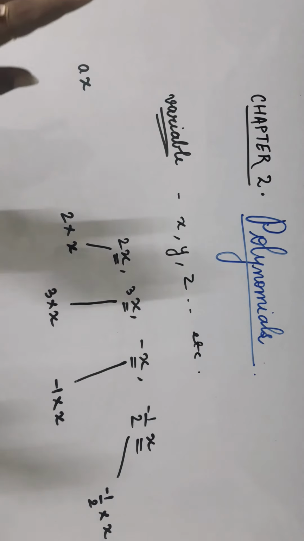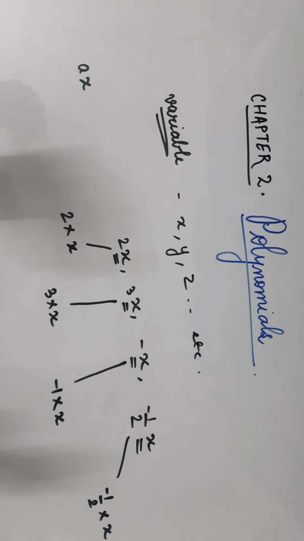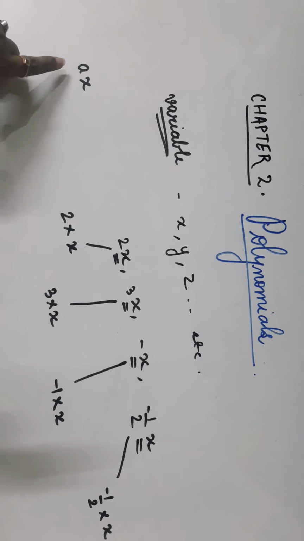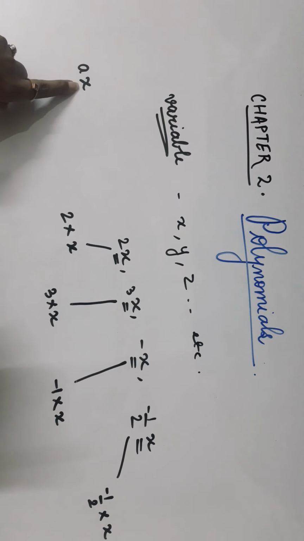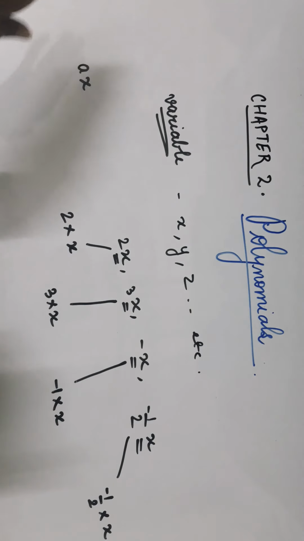It is not going to change throughout the problem. It's a constant. We don't know that constant, but it's a constant. Though it is denoted by a symbol, it is not a variable. Throughout the problem, its value is going to be the same, not like the variable x, which keeps changing.